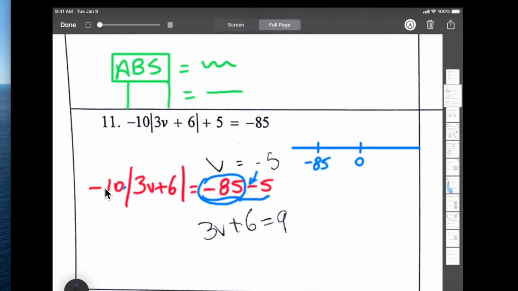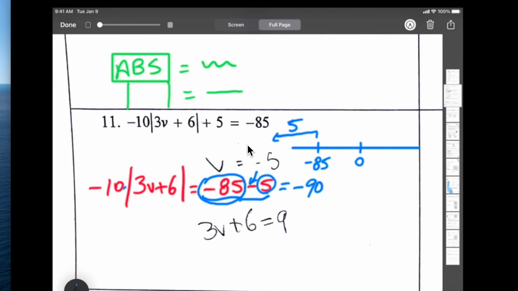This negative sign tells us we're moving in this direction, to the left. How far to the left are we going to go? 5 units. So if we start at -85 and we go 5 more units in the negative direction, we're going to be at -90.